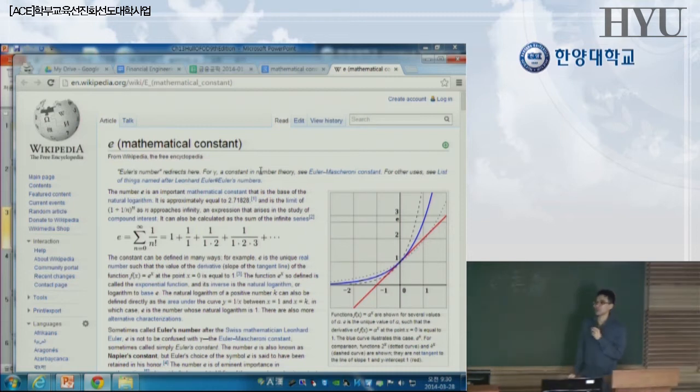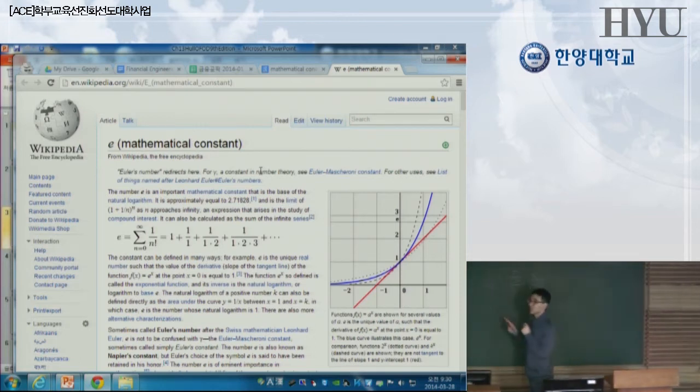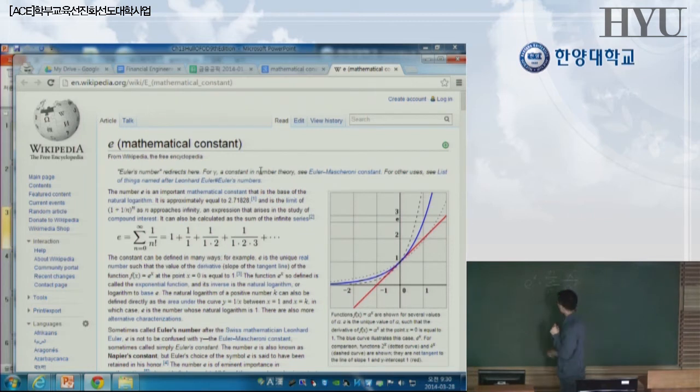This is the mathematical definition. And it has a very interesting property: the derivative of this one is itself. Let's take a derivative of this one.